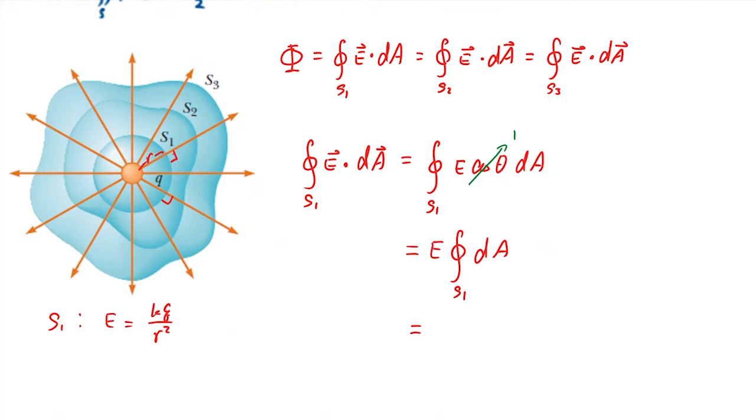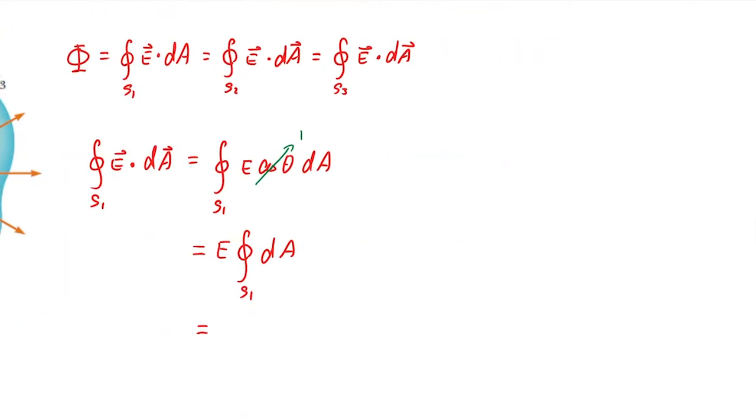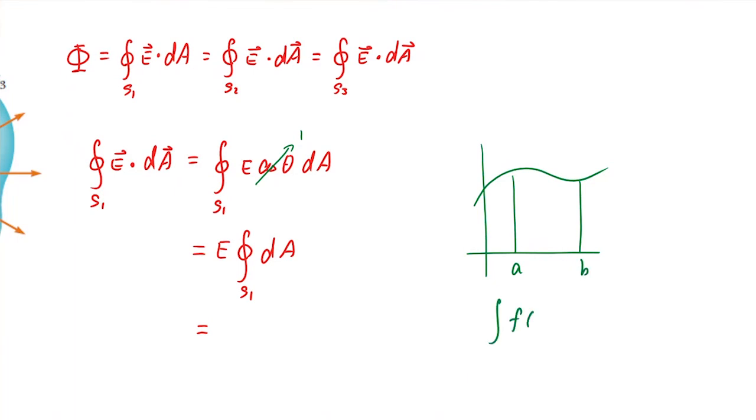Let's see how much intuition you have. The analogy here is, say we have a function. An integral is usually the area underneath it, right? So the integral of f of x dx from A to B is that area.